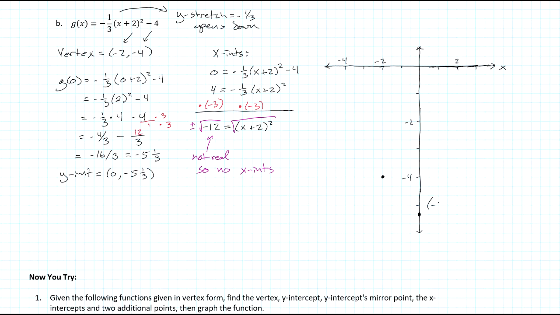It's here. And then the y-intercept's mirror point is going to go over that axis of symmetry to over here. And this is the point (negative 4, negative 5 and 1/3).